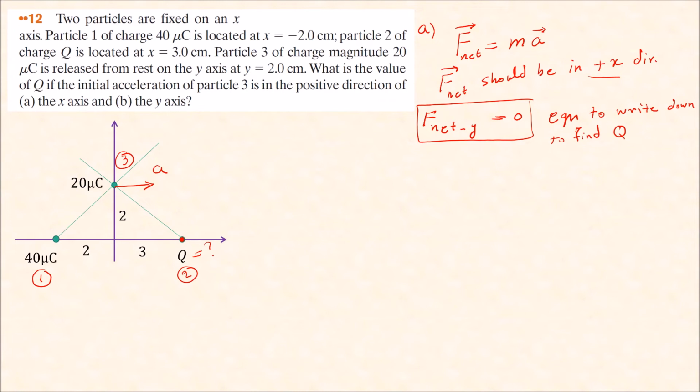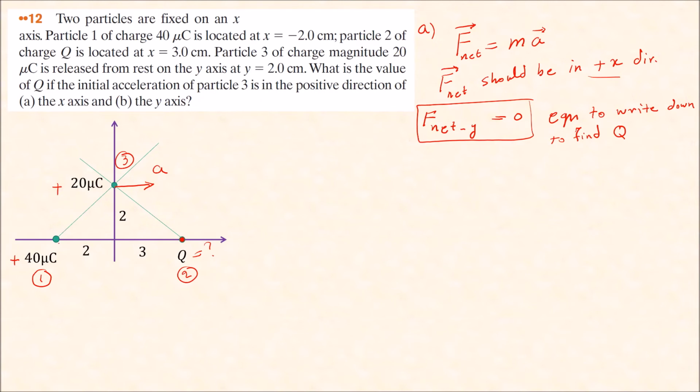Now, this charge Q, should it be positive or negative? Let's say this is positive and this is also positive. Should Q be positive or negative? Negative. Why is it negative? It's attractive. That's right. It is the motion of particle 3 that we are considering, so we should look at forces acting on particle 3.